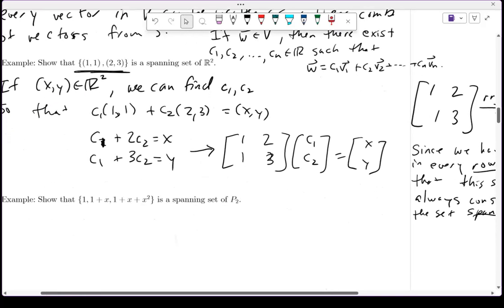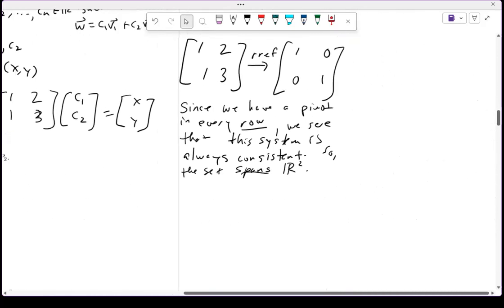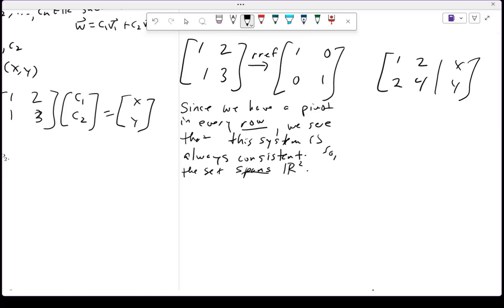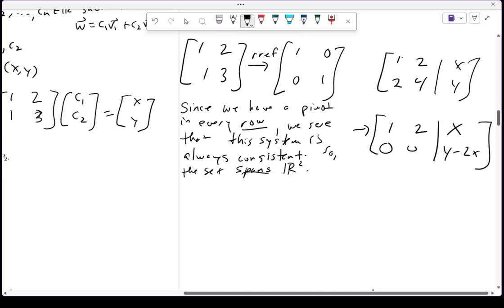For what I mean by that, for example, if I had the vectors (1, 2) and (2, 4), well, if I take any vector (x, y) and try to row reduce, notice if I do negative 2 times the first row and add it to the second row, I get a row of zeros, right? In order for that to be a consistent system, what has to be true?